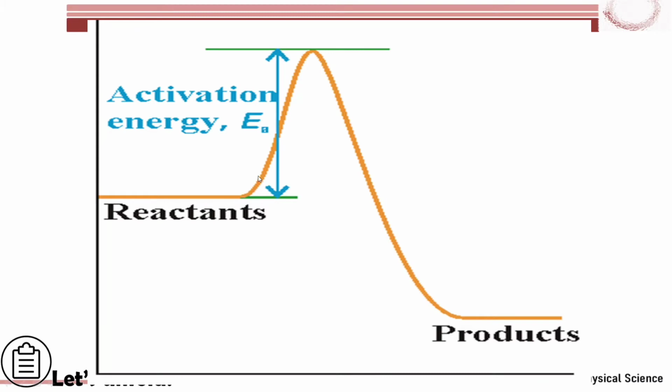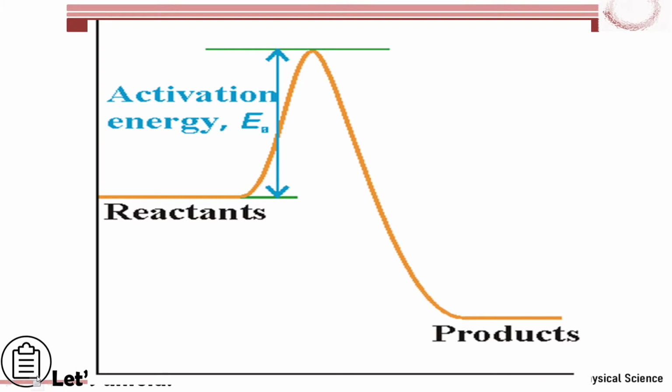So dito nagbabanggaan ang mga particles na involved sa chemical reaction or the reactants. If this peak is reached, ibig sabihin, ito yung required energy para ma-form yung product ay na-reach due to the collision of the particles. Then, congratulations, meron kang product.